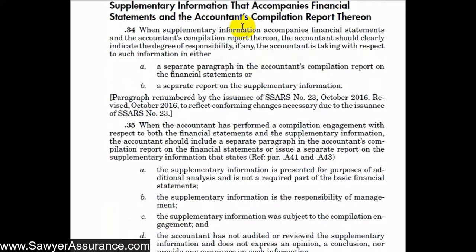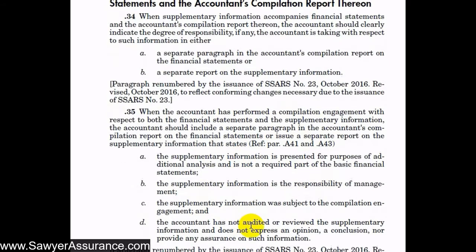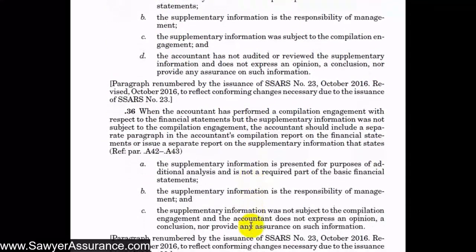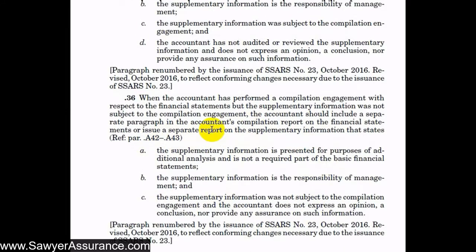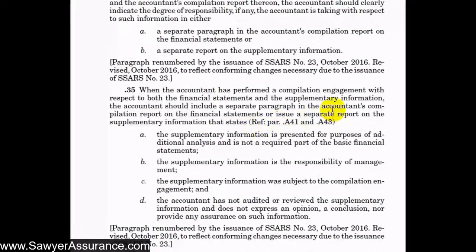Some of our compilation procedures that would necessitate this paragraph would be that we agreed or reconciled that schedule to the financial statements and to the trial balance. But if we didn't reconcile it to the financial statements and read through it, then we might include this paragraph instead. I have some explanatory material here, A42 through 43, as well as 41 and 43.